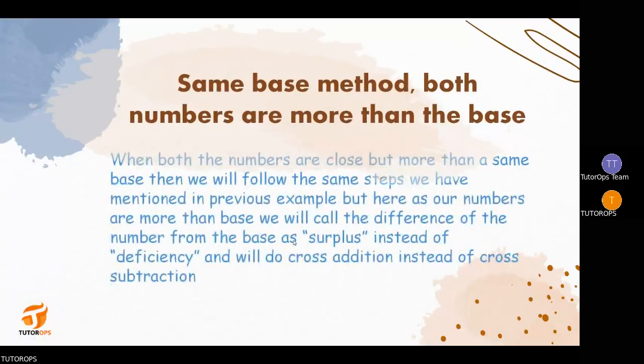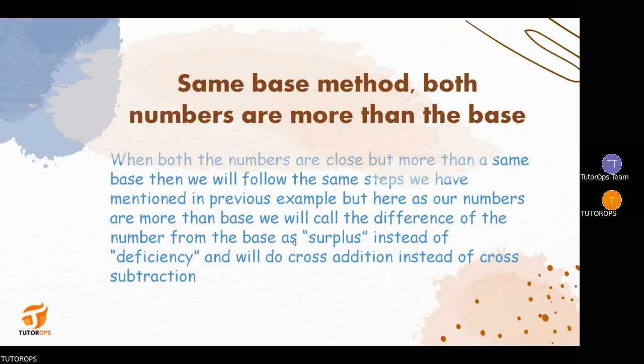I will show you some examples of the same process for bigger numbers. The same base method, where both numbers are more than the base. Say I am taking an example, as we have previously mentioned, the bases can be 10, 100, 1000.